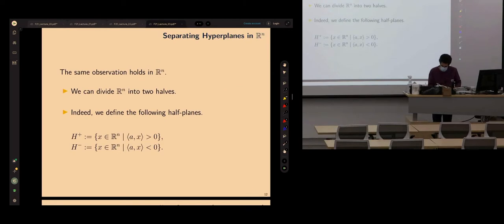So this notion carries over to Rn. Now we can divide Rn into 2 halves. The first half, H plus, is when the dot product or inner product is positive. The other one is when it's negative. Nothing has changed. It's just our vectors are now longer. They're n-vectors.